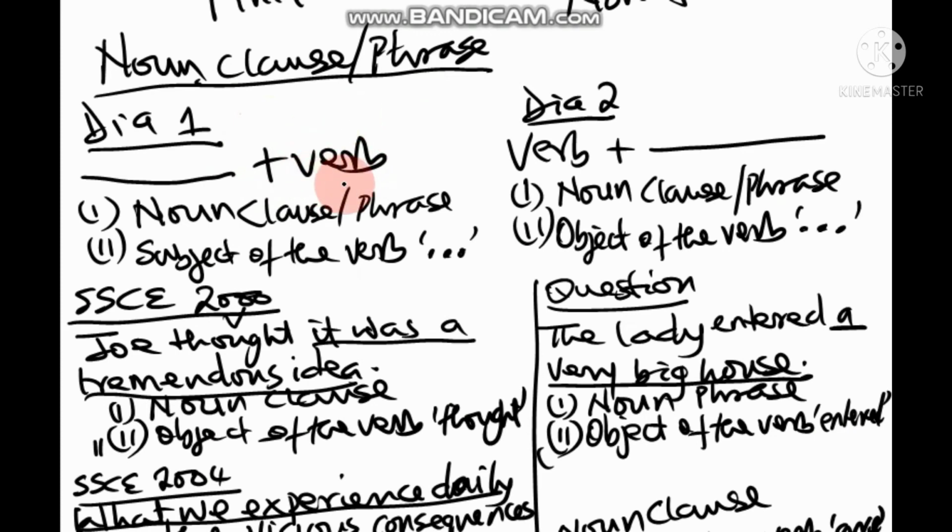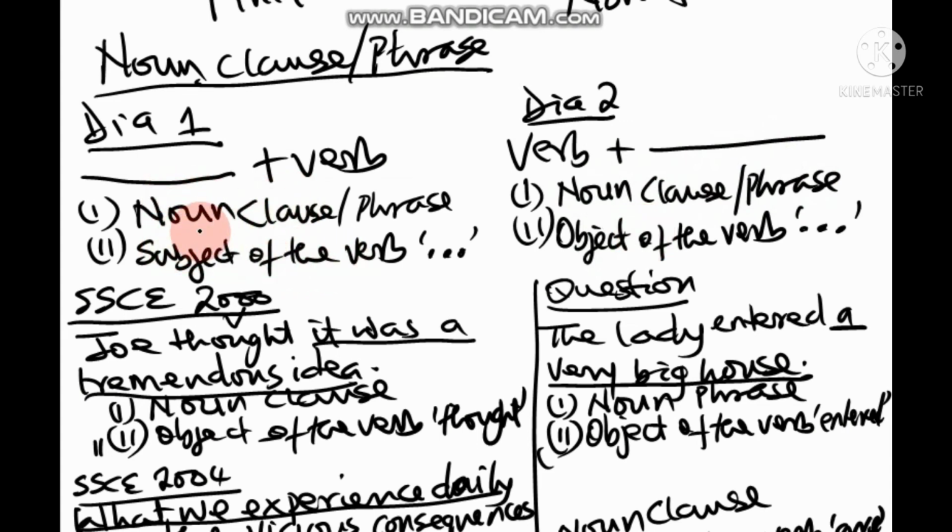Will they underline the verb in front? The answer is no. Diagram number 2 says if you have a verb first plus an underlined word, it will give you noun, object of the verb. So diagram number 1 gives you noun, subject of the verb.